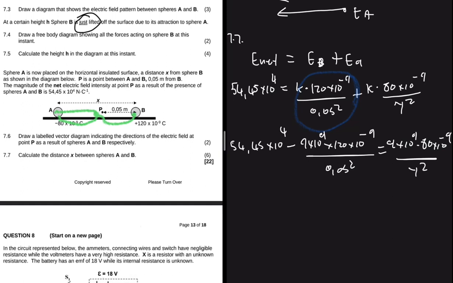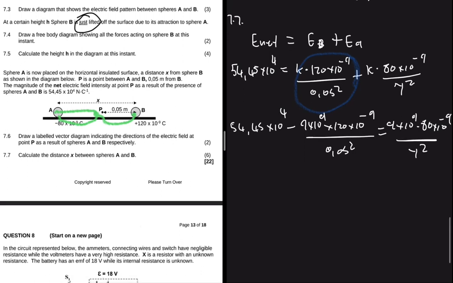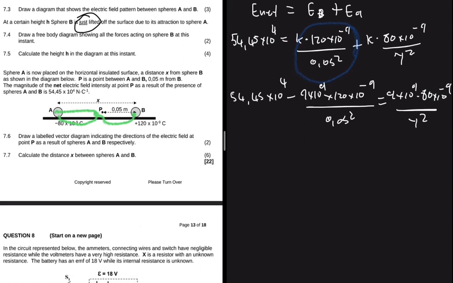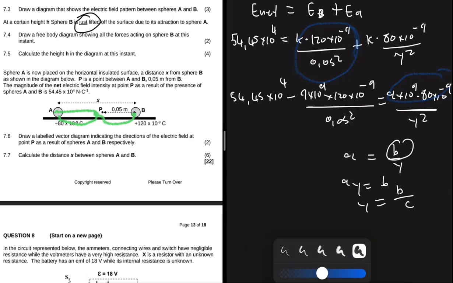So now I can rearrange this equation in an attempt to find Y squared. So basically, if you have A is equal to B divided by Y and you want to find Y, you're going to cross multiply, get AY is equal to B, so Y will be B divided by A. You can see that B on our equation is this expression here, and then A on our equation is this entire expression, right?